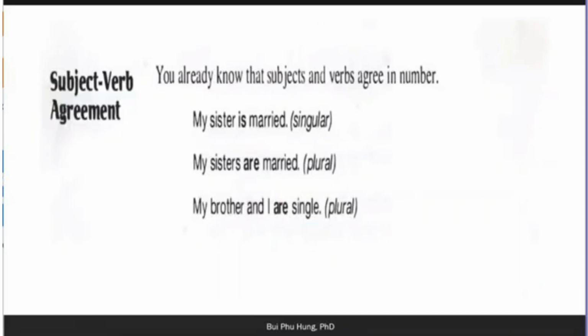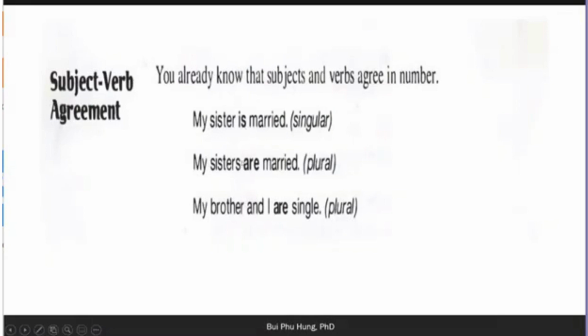You already know that subjects and verbs agree in number. When the subject is singular, the verb is also singular. When the subject is plural, then the verb is also plural. For example, my sister is married. My sister, singular; the verb is singular.